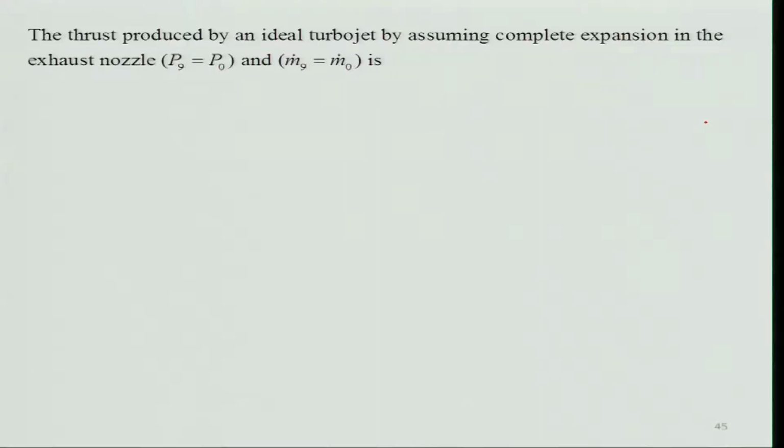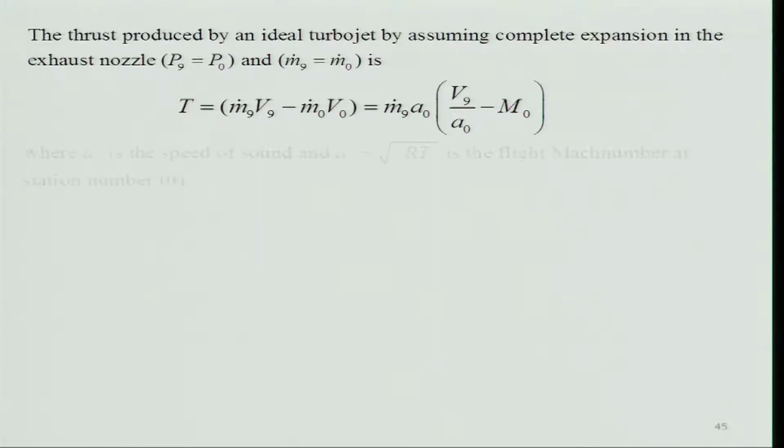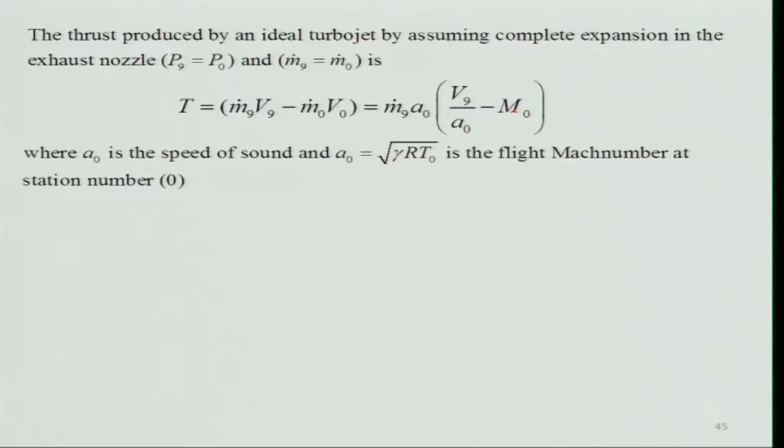Now we will use a similar methodology to derive the expression for the thrust produced by an ideal turbojet engine. It will be the same as what we derived: m9 V9 minus m0 V0. If I take a0 and m0 out, I get V9 by a0 minus M0, where a0 is the speed of sound.